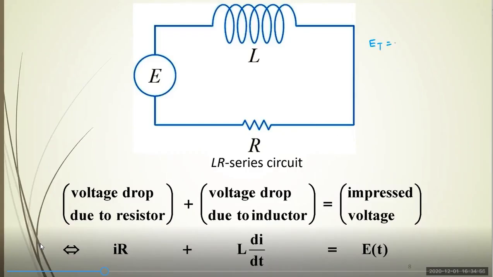ET is basically EC plus ER plus EL, wherein EC is equal to Q over C, this one is IR, and this one is L di over dt. That's the E as a function of time. If the capacitor is not present, just cross that out. You will be left with IR plus L di over dt is equal to the impressed voltage.